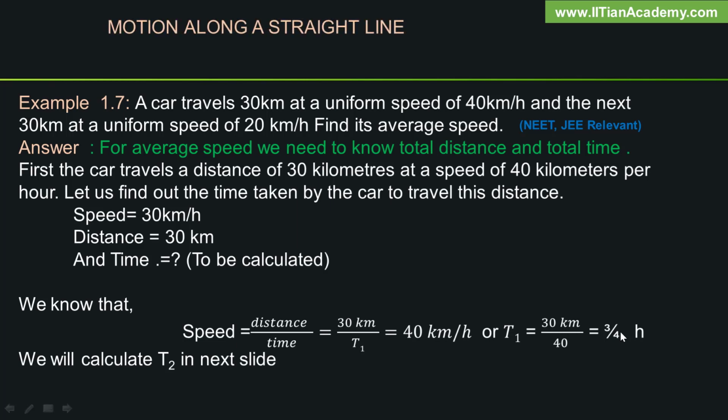Here, we have to calculate the average speed of a car. It travels 30 kilometers at 40 kilometers per hour speed, and the next 30 kilometers at 20 kilometers per hour.